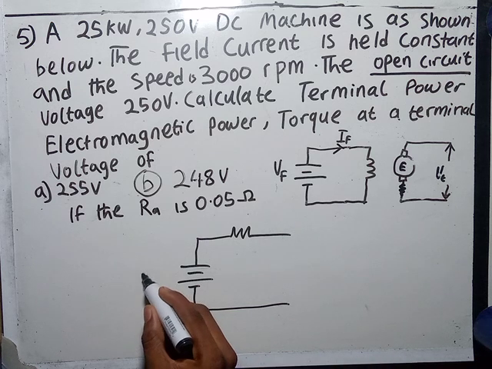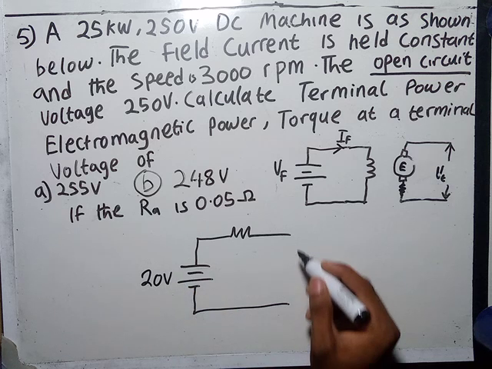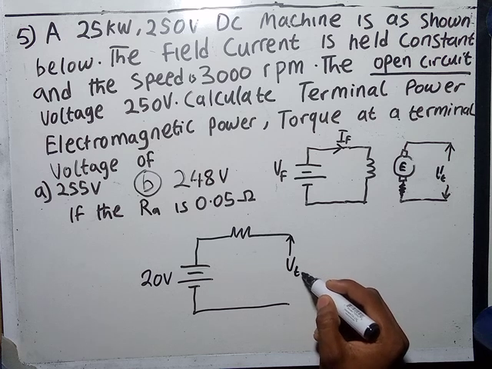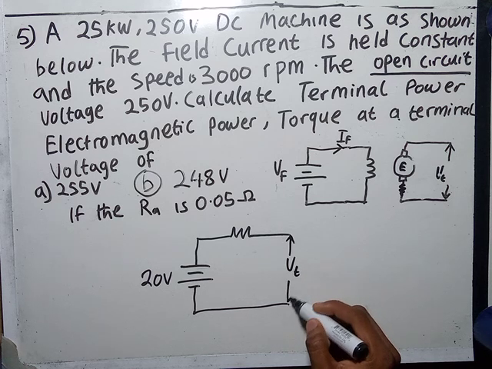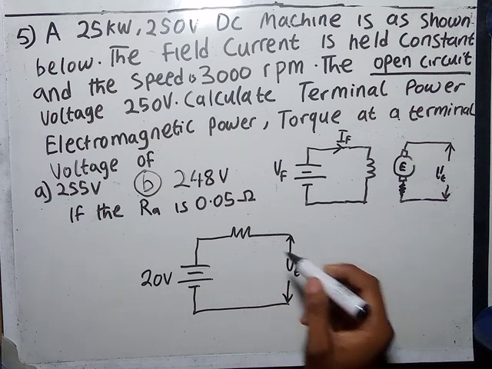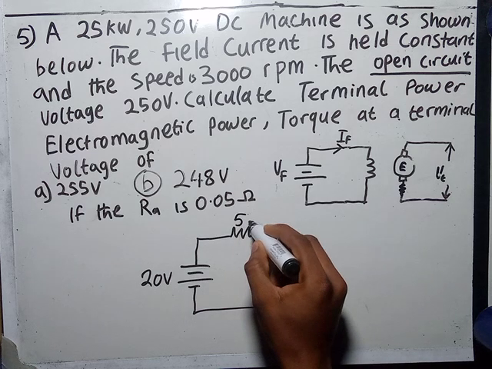And let us give our voltage to be 20 volts. So we can then say that there is a voltage at the terminal. We can still call it VT. And we can give our resistance, let's say 5 ohms.